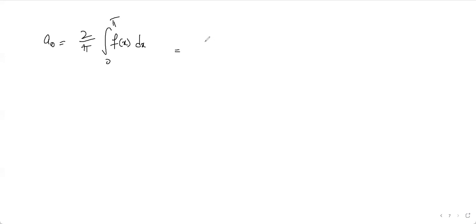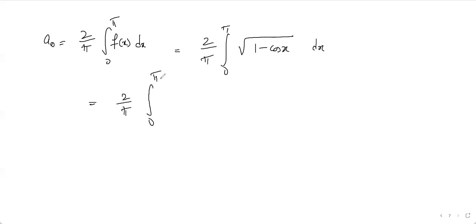So your function, which is square root of 1 minus cos x, dx, can be written as integral 0 to pi square root of 2 sine square of x by 2, dx.